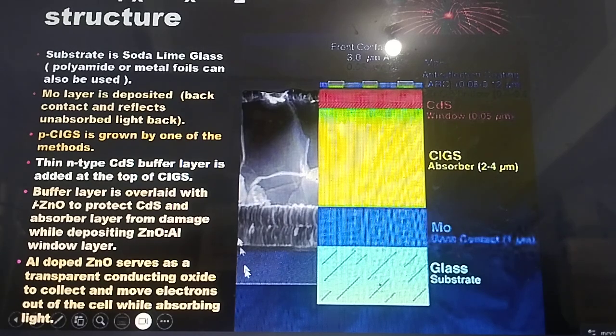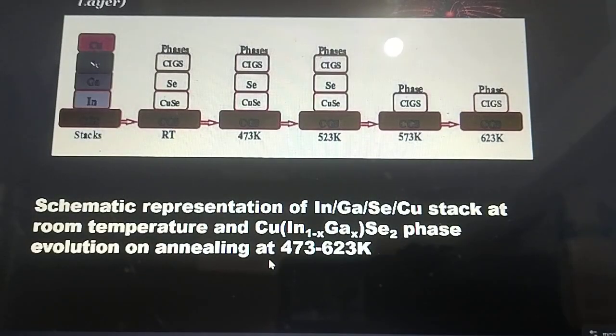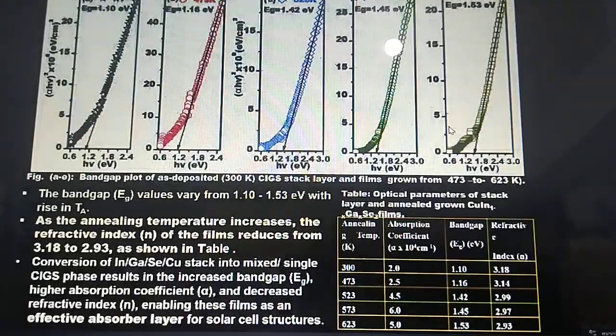You see that an actual cell has been made in our lab also, and this is the SEM picture, cross-sectional. And these are the different methods we can use. This is how we do it: we make a stack of this, then we anneal, and finally we get the single phase. So this is the absorber layer.